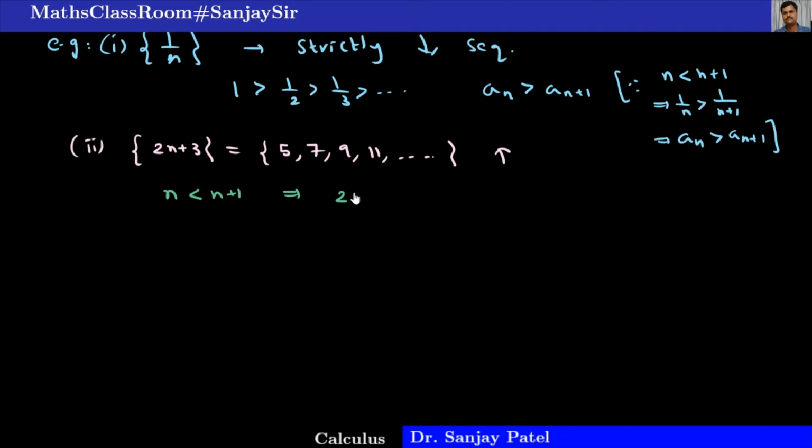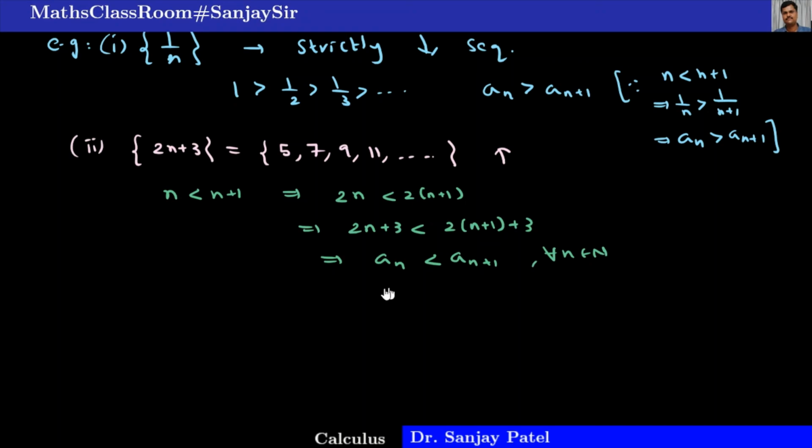So 2 into n is less than 2 into n plus 1. Now adding 3 on both sides, we get 2n plus 3 is less than 2 times n plus 1 plus 3. So I can say that an is strictly less than an plus 1. And this is true for every n belonging to N. So this is a strictly increasing sequence. It is called a strictly increasing sequence.